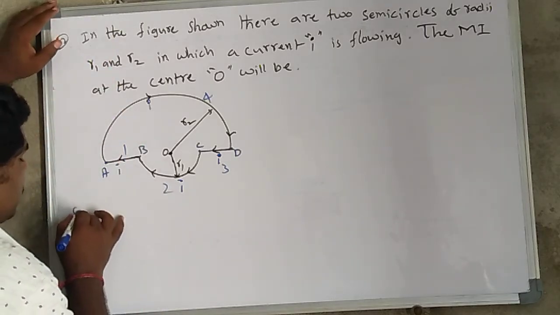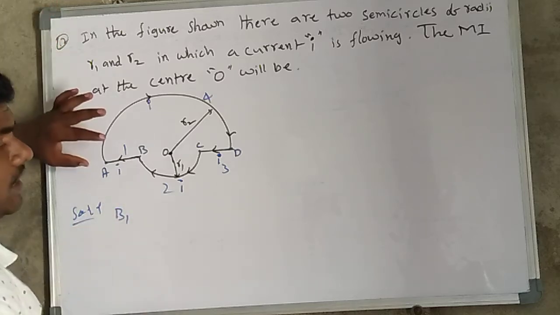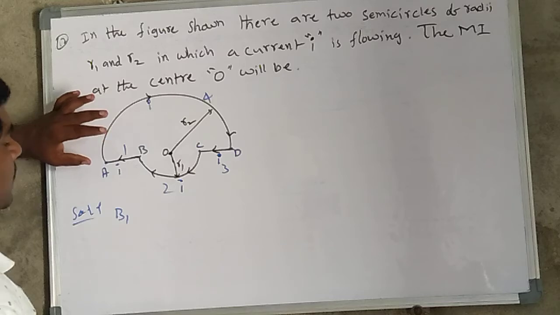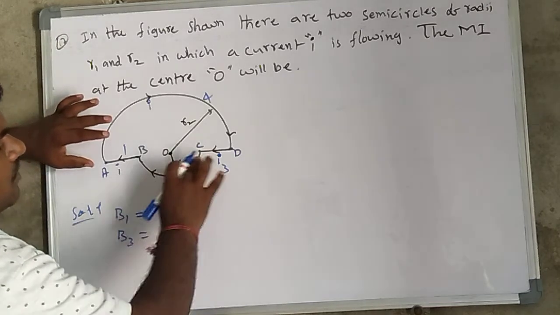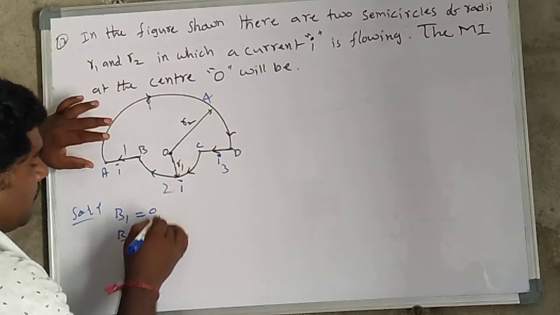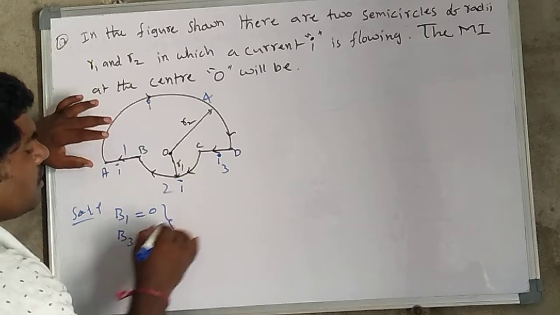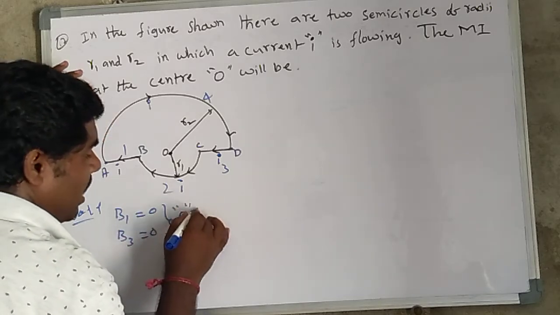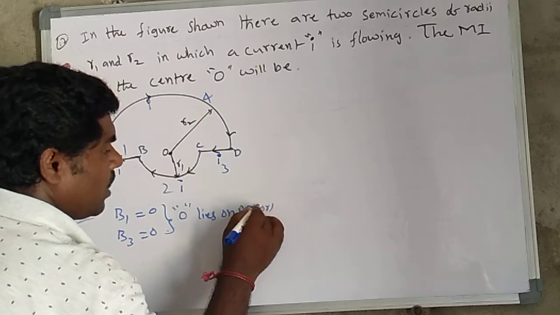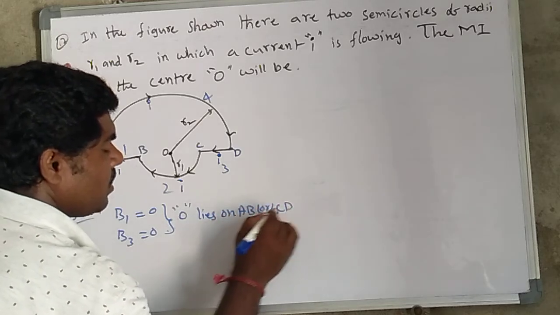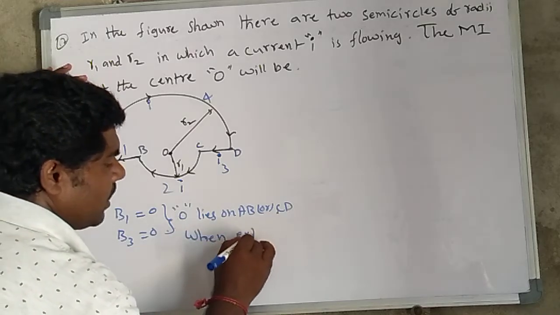So here is the solution. B1, the first part AB portion, magnetic induction is equal to 0, and B3, the CD portion, magnetic induction also becomes 0, because O lies on AB or CD when extended.